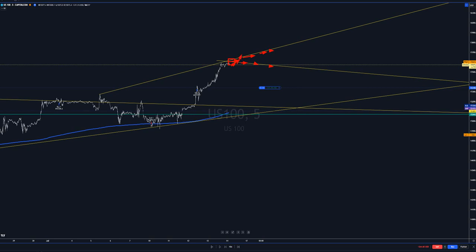We can place the next buy order. The second possibility is we let the market go higher, coming back, and then we buy here.